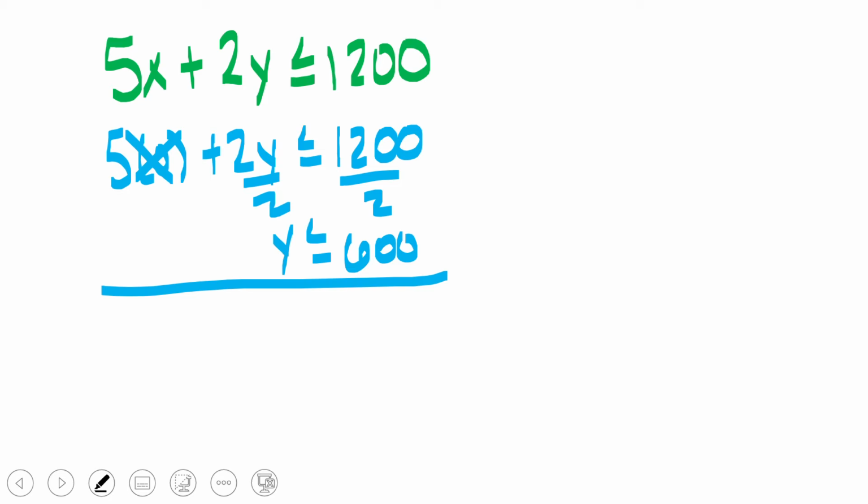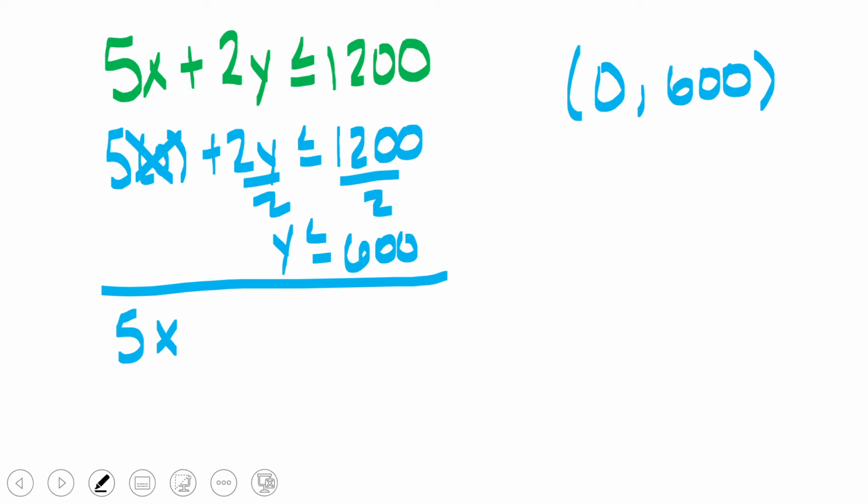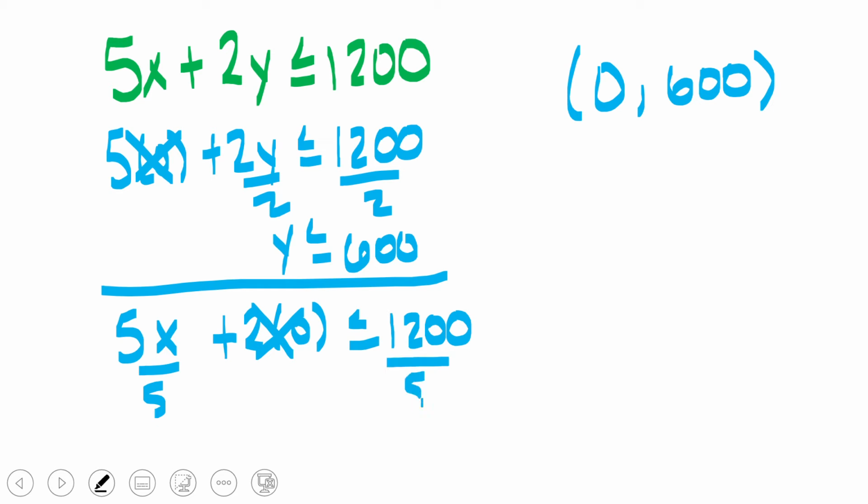So we have a plotted point here, (0, 600). Then plug in 0 for y. This goes away, and we have x is less than or equal to 240.